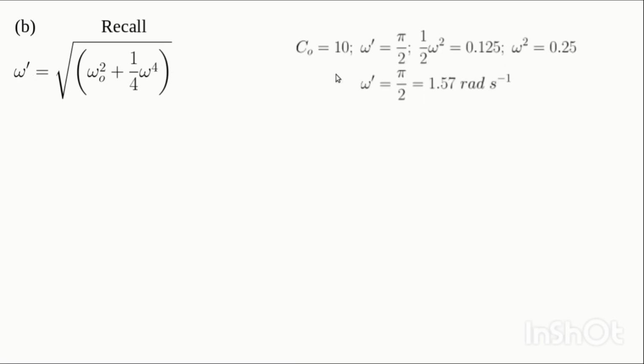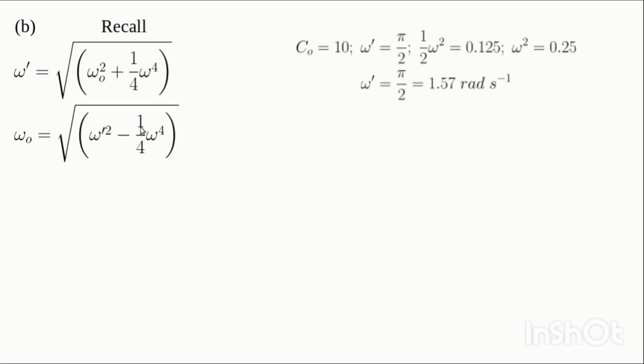So we already know our C naught equal to this, W prime is this, W squared is this, W prime is given in this form. So if we make this one the subject formula by squaring both sides, this one becomes W prime squared. You take this one to this side, becomes W prime squared minus this, making this one. So we have something of this form. So this is our natural angular frequency. We already know this.